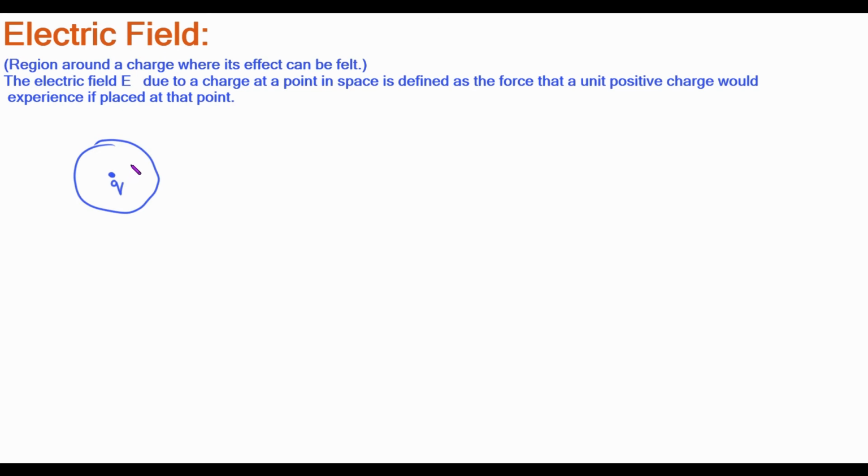Okay, so this can also be defined as, suppose ನಾನು ಇಲ್ಲೊಂದು ಚಾರ್ಜ್ ನ ಪ್ಲೇಸ್ ಮಾಡ್ತೀನಿ, and this charge will be experiencing a force due to this charge. So the force that a unit positive charge would experience if placed at that point is also called electric field. And the intensity of electric field E is defined as the force per unit charge, that is F by Q. So idrinda we can also write F is equal to EQ.